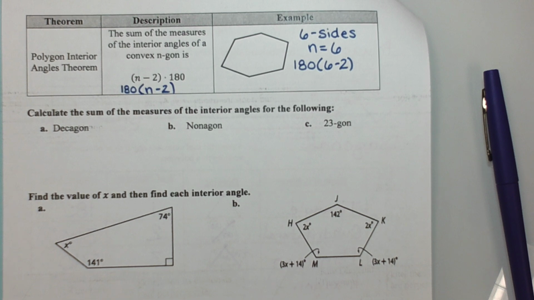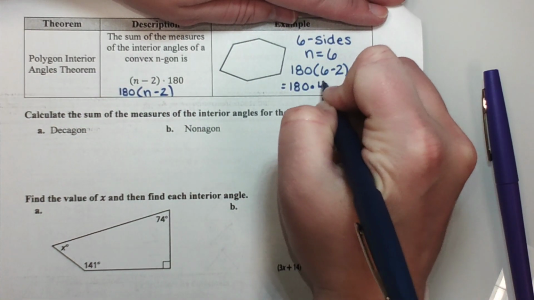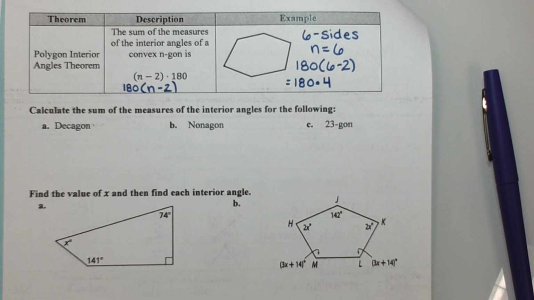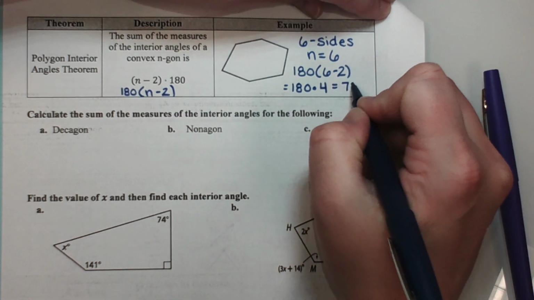I want to simplify that down to a single number. What's the first thing I should do? The 6 minus 2 because it's in parentheses. 6 minus 2 is 4. And 180 times 4 is 720.